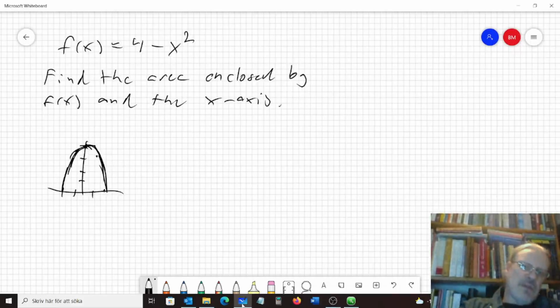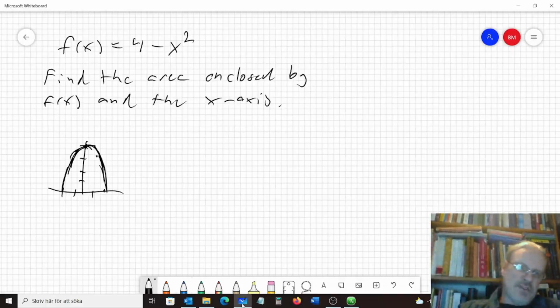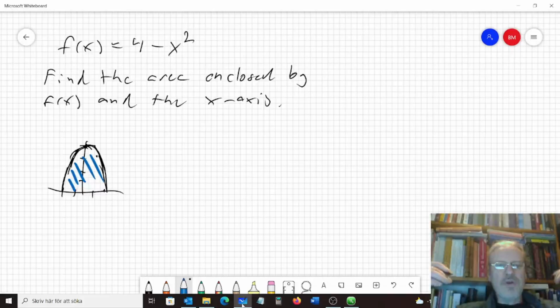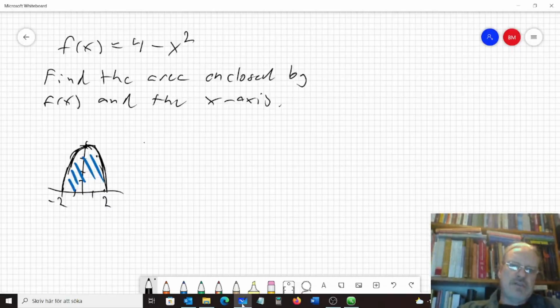And when in the question they say area enclosed, we talk about a finite area in between. So in other words, we're looking for this area. We already know that we should go from minus 2 to 2, but suppose we didn't know that. Simply what we do is take our function and put that equal to 0. So 0 equals 4 minus x squared.